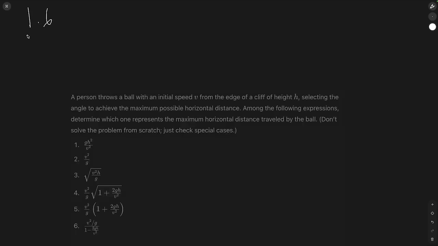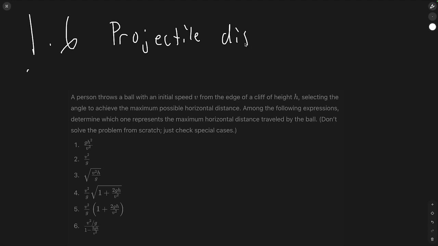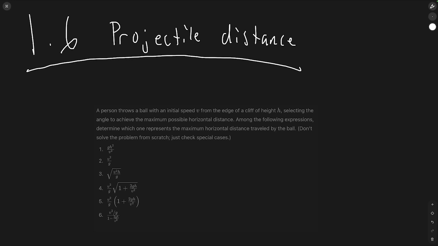So let's do problem 1.6. Projectile distance. A person throws a ball with an initial speed v from the edge of a cliff of height h.